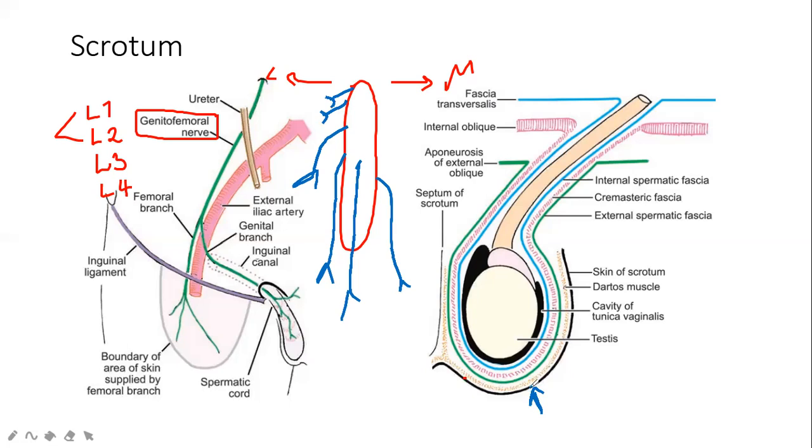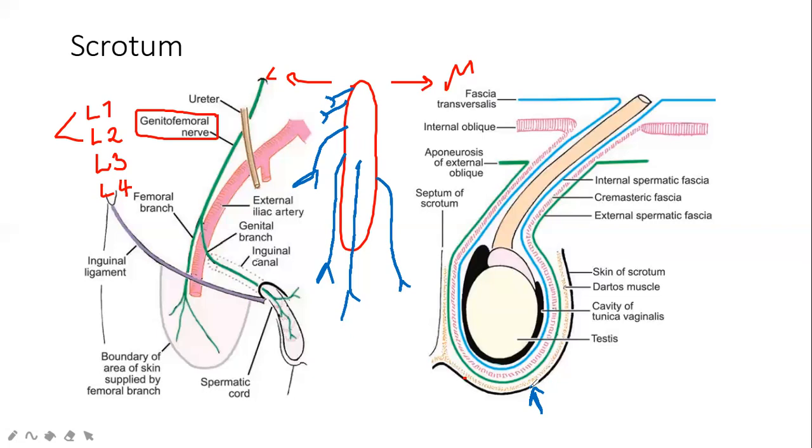Right. So there's the skin, there's the superficial fascia. The dartos muscle is the fatty layer of the superficial fascia.